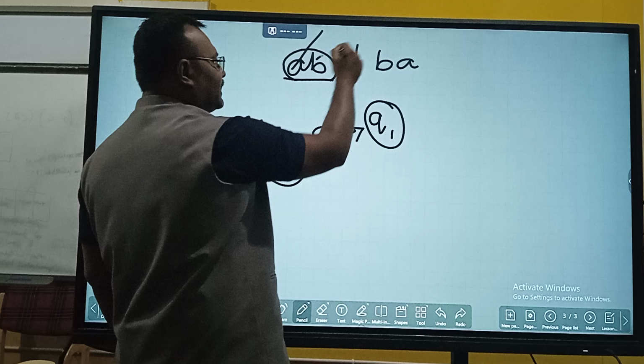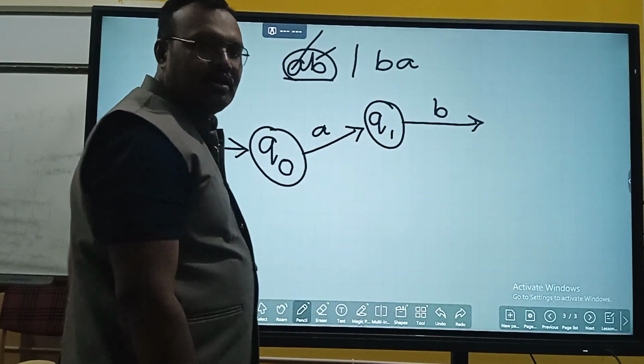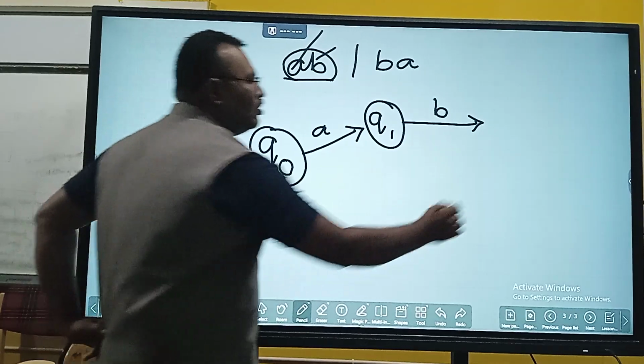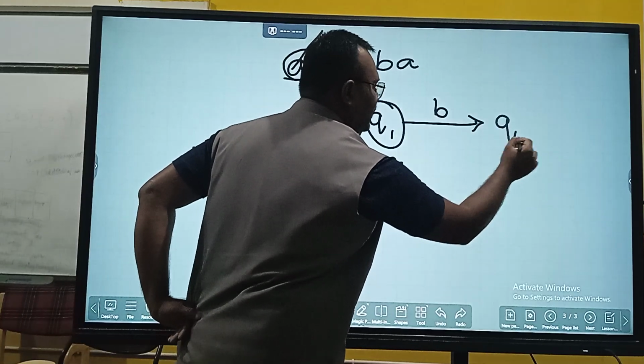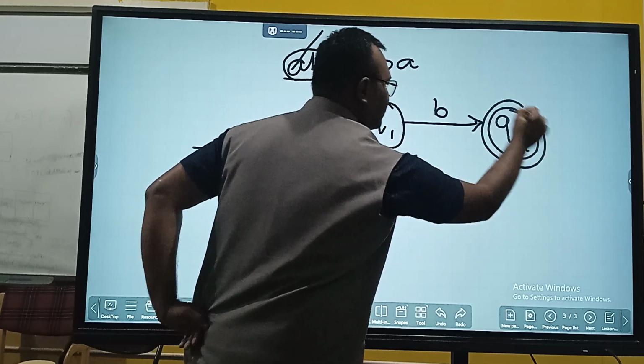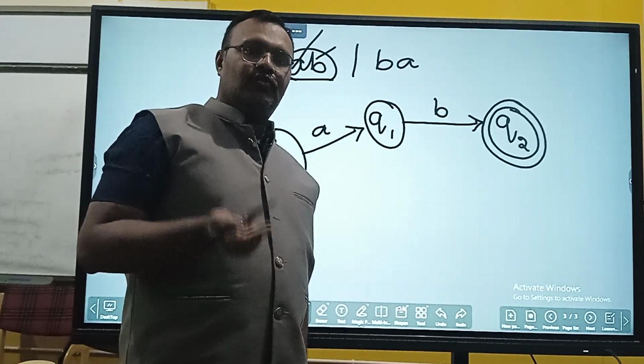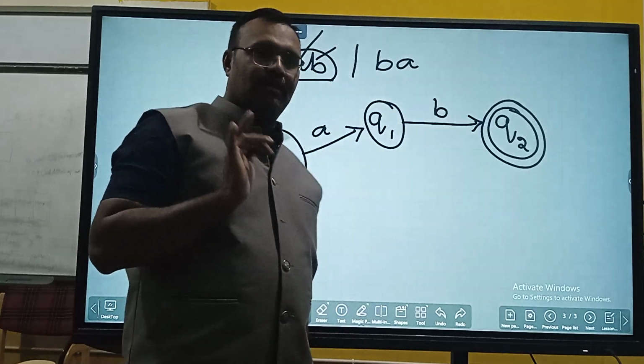After A, what is the second character I have? B, right? So I'll take the second character B. Now I am going to end this particular path with a final state. This is one path that I have taken for a string which is ending with AB.